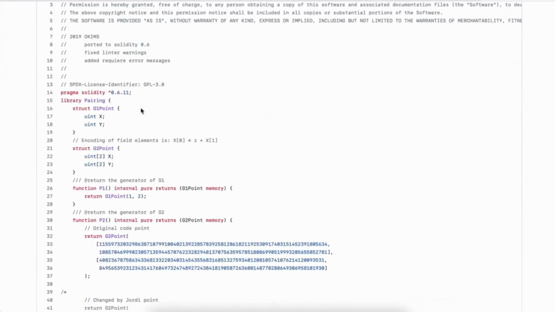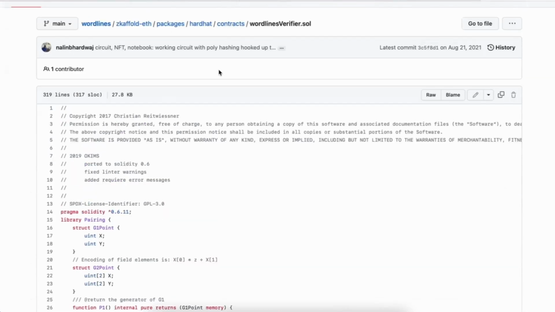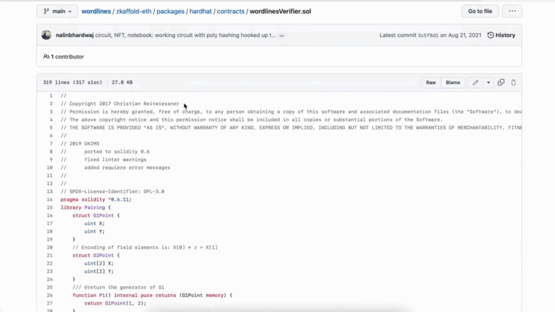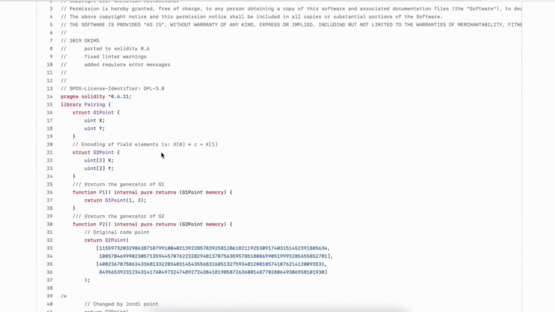Probably, yeah. For the verifier, almost all repos we've seen are using this code by Christian Reitwiessner. We looked at so many verifiers this week, and so many projects are all using this, which I find a bit strange.